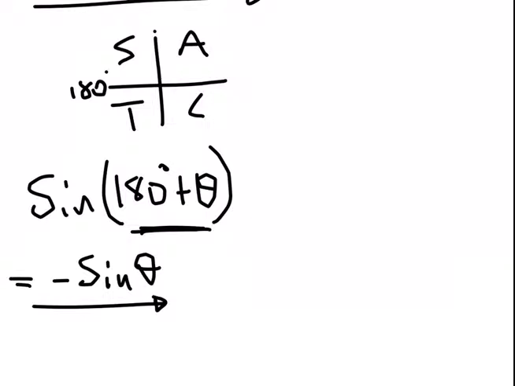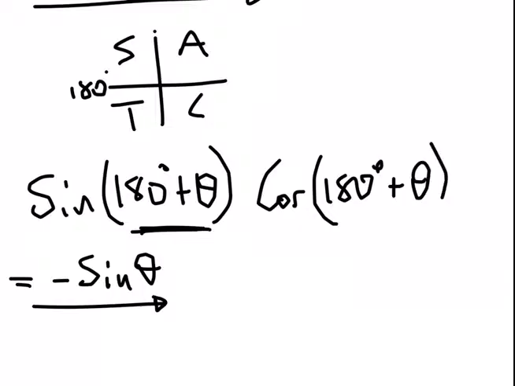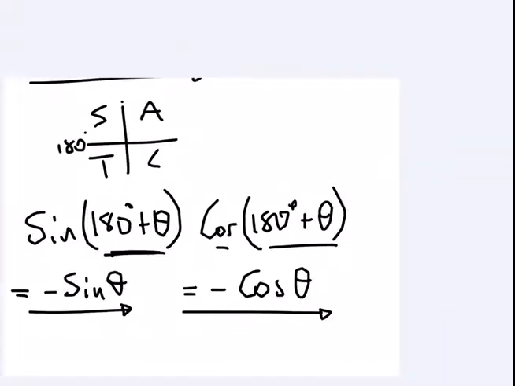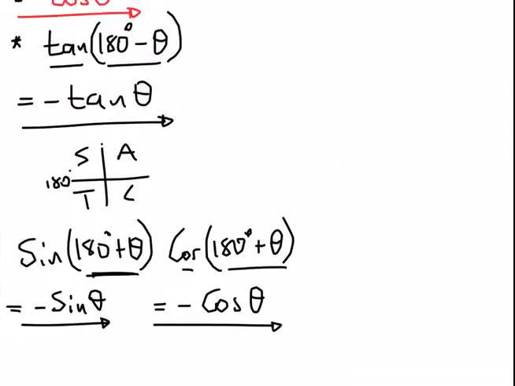Let's look at another one: what if you are given cos of 180 degrees plus an angle? In which quadrant? Quadrant 3. In quadrant 3, is this positive? Nope, it's negative. That is why you will say negative cos of an angle. Hope that part makes sense. Easy.